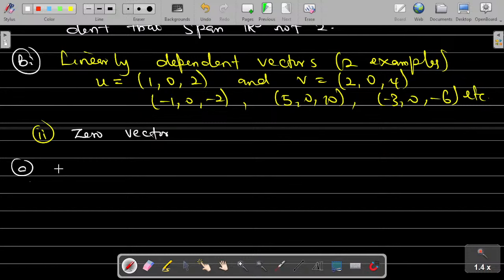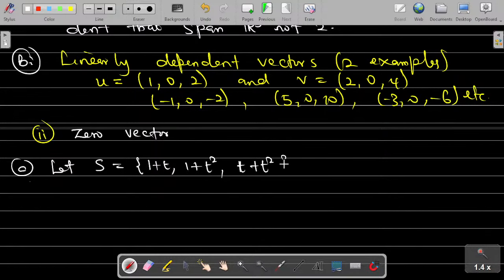For question C, we are told to let S be the vectors 1 plus t, 1 plus t squared, and t plus t squared.